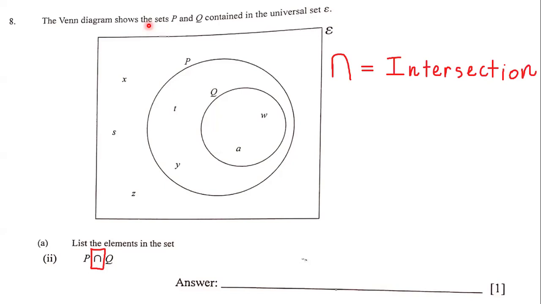What do we mean by the intersection? Can I answer? Go ahead. Yes, we can. The intersection means what is common to both P and Q. Very good.